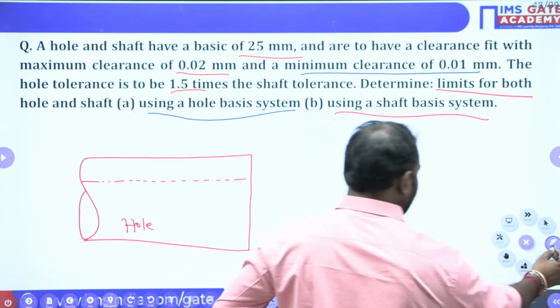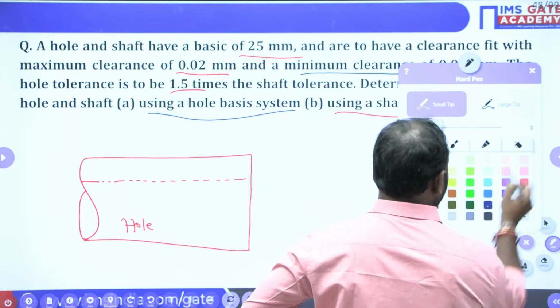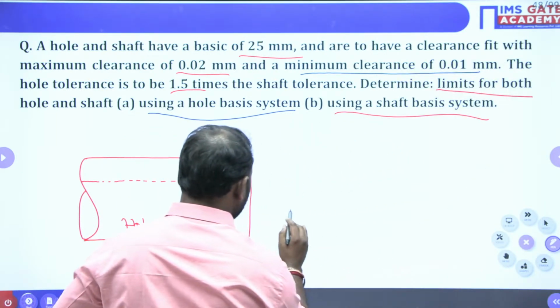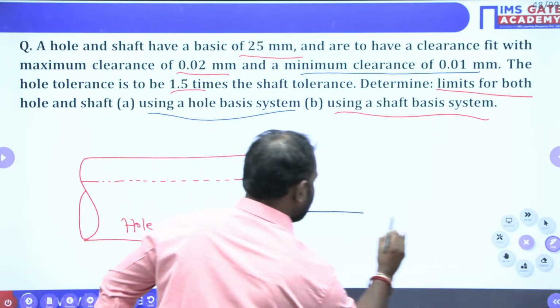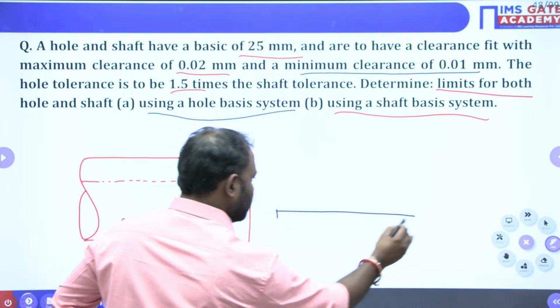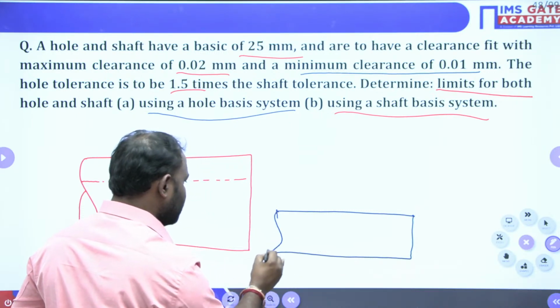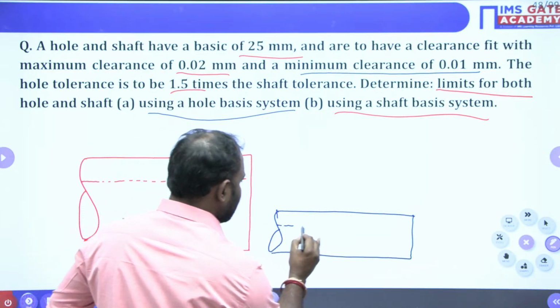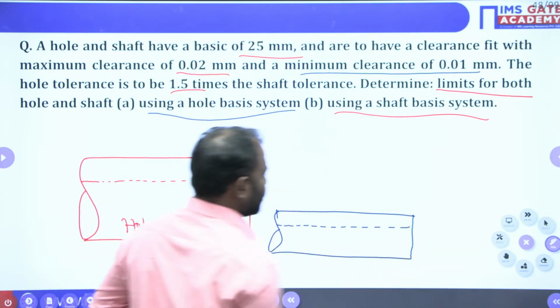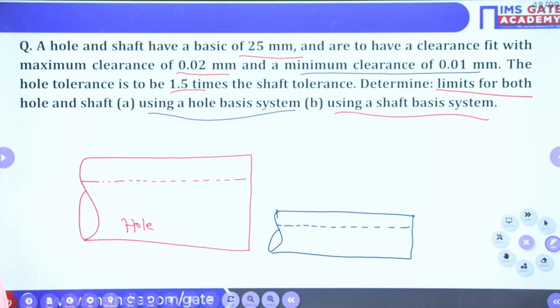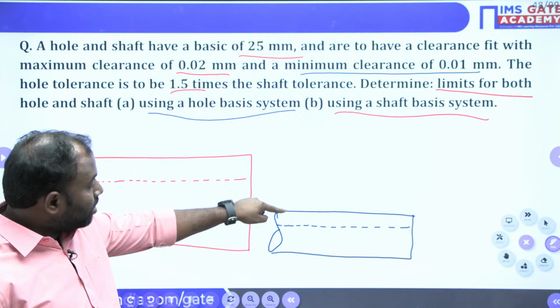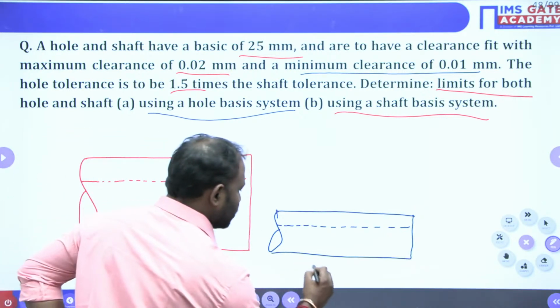Now let me draw the shaft. This is my shaft. This is the shaft tolerance. Okay. Now they said there is a clearance fit. That is why the gap between the shaft and hole is there. Okay. This is the shaft.